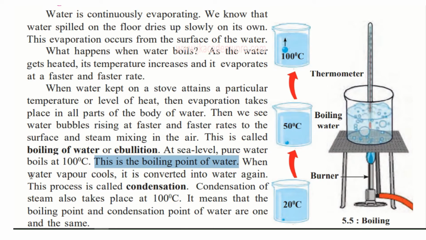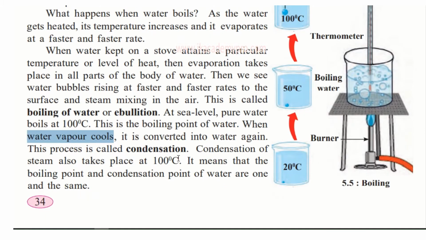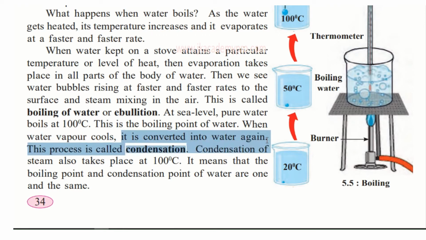When water vapor cools down, it is converted into water again. We had seen this in the process of the water cycle. Water evaporates, forms water vapor, goes into the clouds, and the clouds collect it, and when it starts cooling, this water vapor turns into liquid again, the clouds become heavy, and water comes down on the surface of the earth in the form of rain.